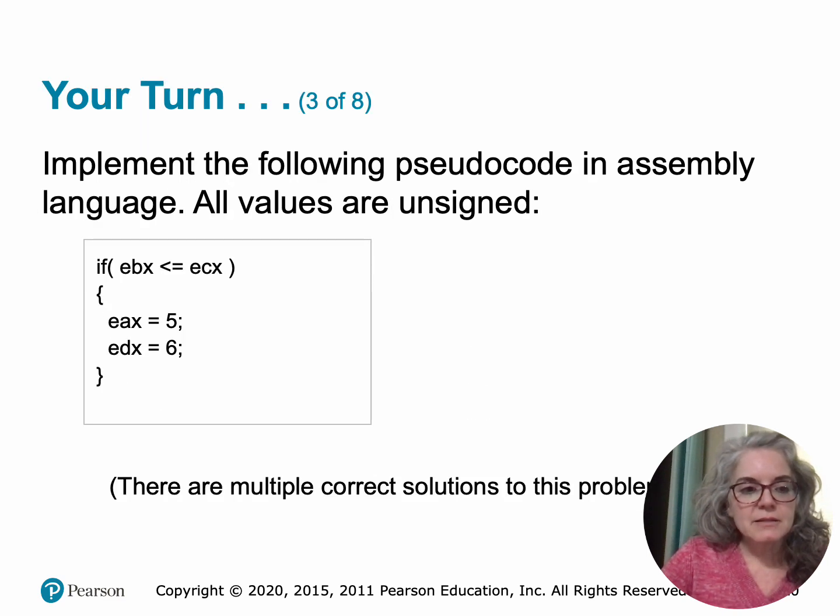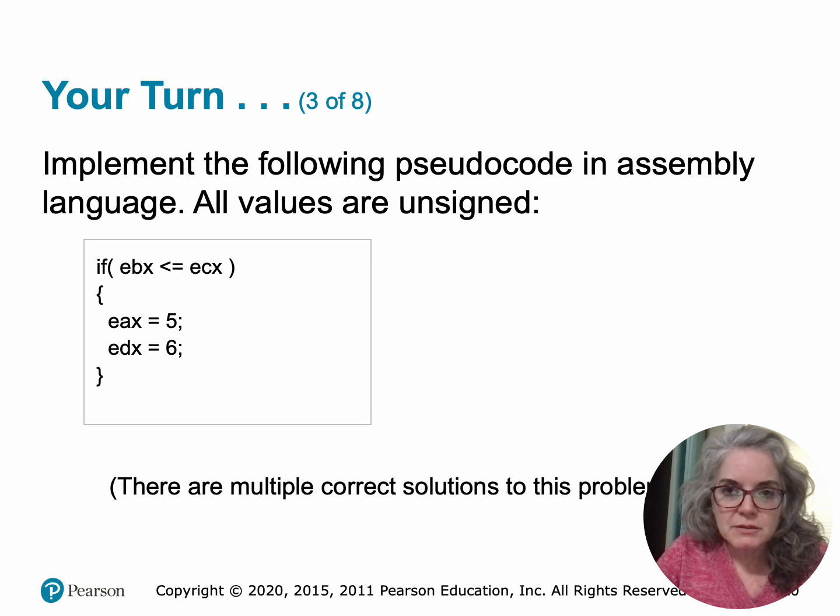So here it's asking you to implement the following pseudocode in assembly language. So if EBX is less than or equal to ECX, you would assign 5 to EAX and assign 6 to EDX. So remember, you're going to use the compare instructions, and you're going to jump if less than or equal to.